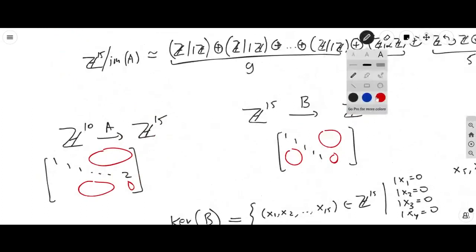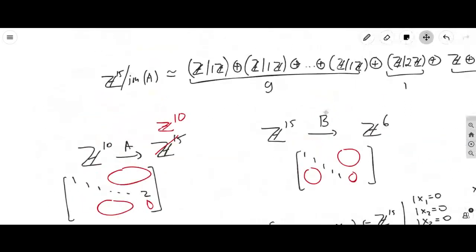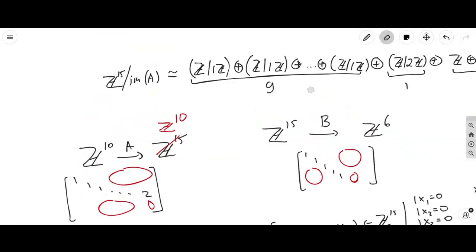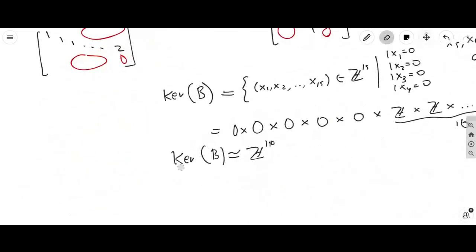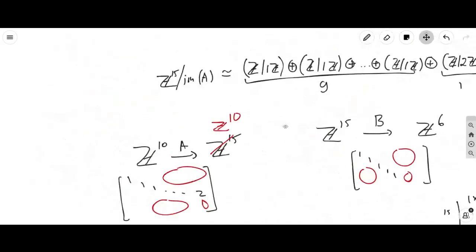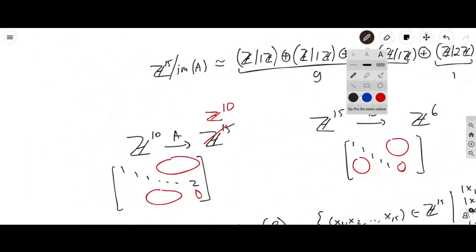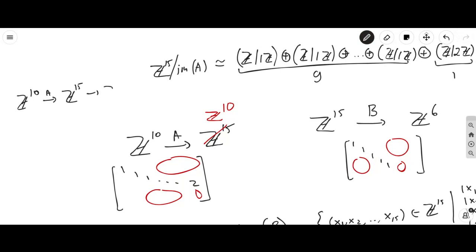So the modification is that you just replace it by Z to the 10. Because if A is being mapped to Z15, then that would be Z15 mod the image. But when we're computing homology, we have Z to the 10 to Z, by Z to the 15 to Z to the 6.